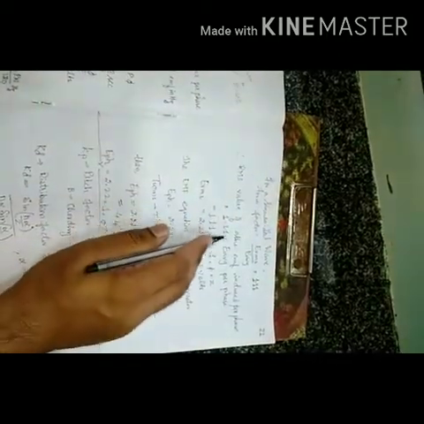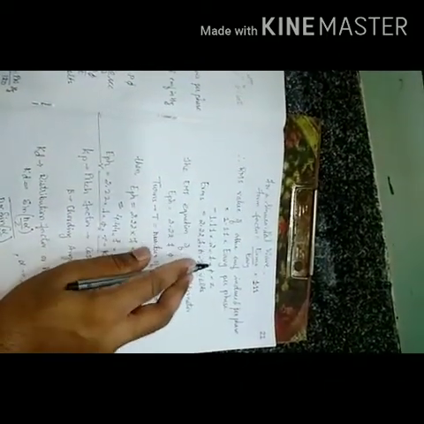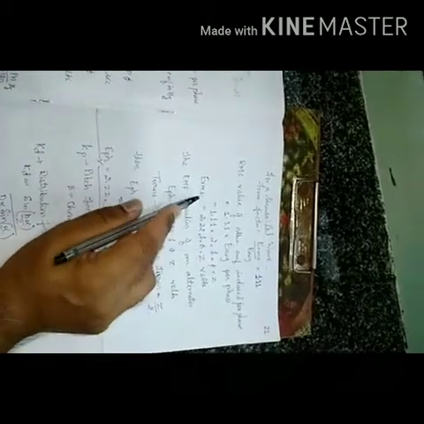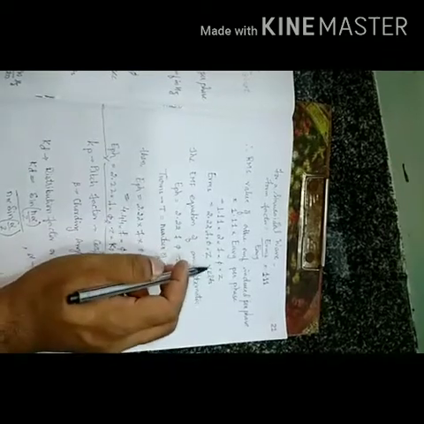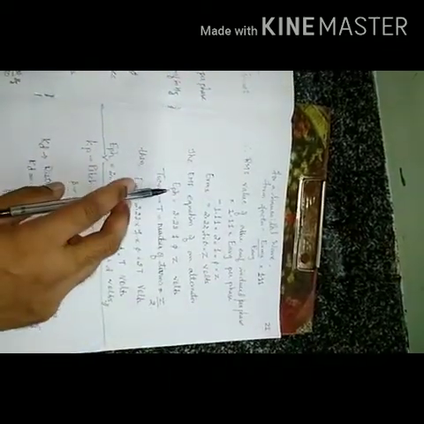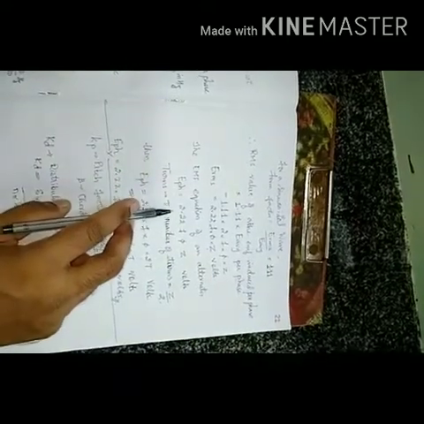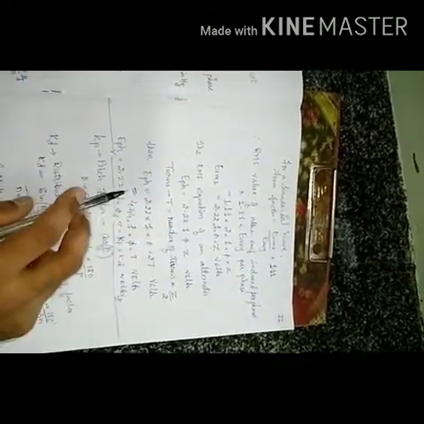So 1.11 into 2 f phi Z, which is nothing but E RMS equal to 2.22 f phi Z volts. Therefore, the EMF equation of alternator is given by E phase equal to 2.22 f phi Z volts.